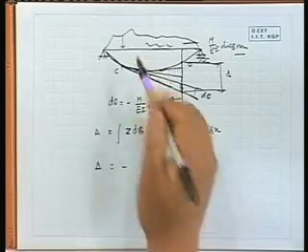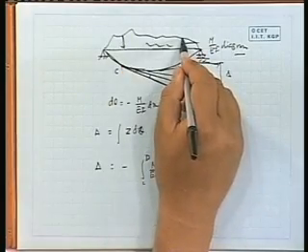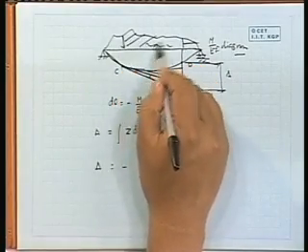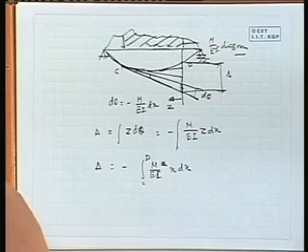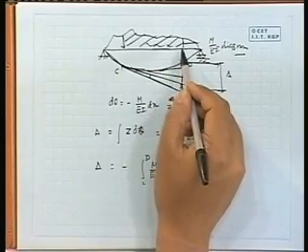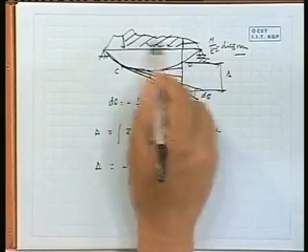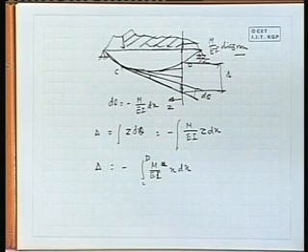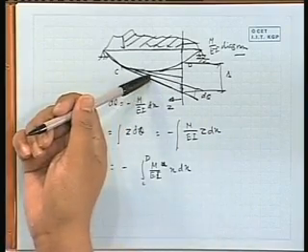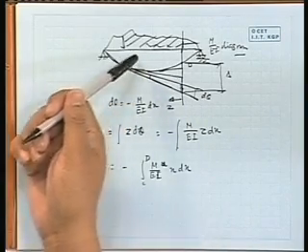So ultimately this area you have to consider, and you have to take the first moment of this area about this line, right, because z we have taken this way, x we have taken in that manner.